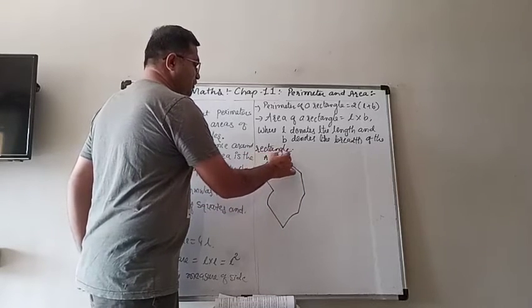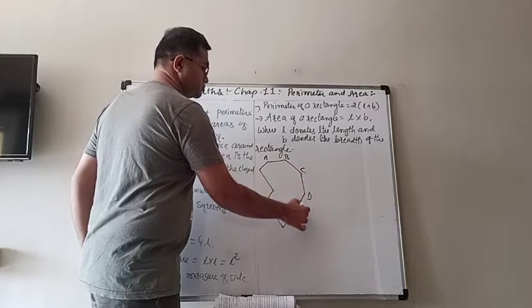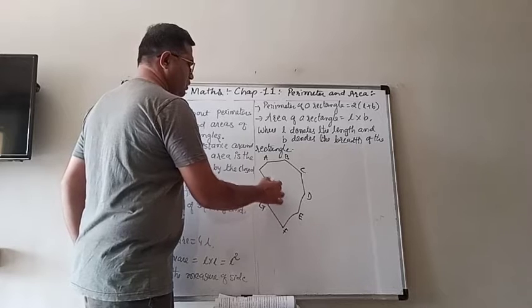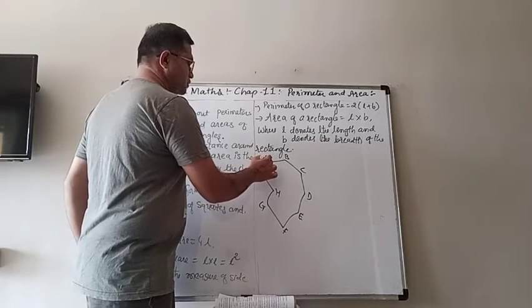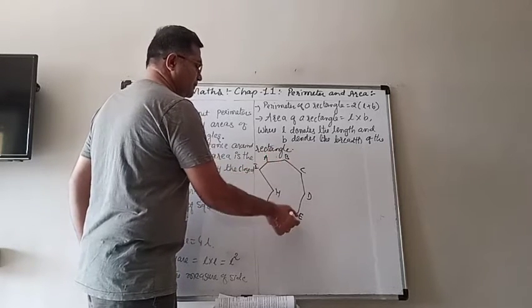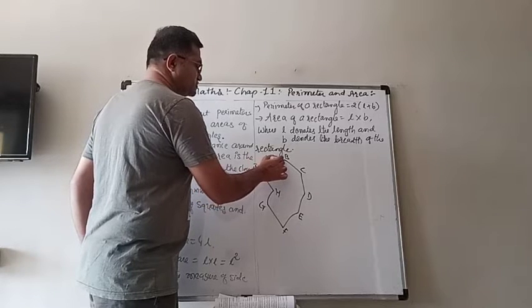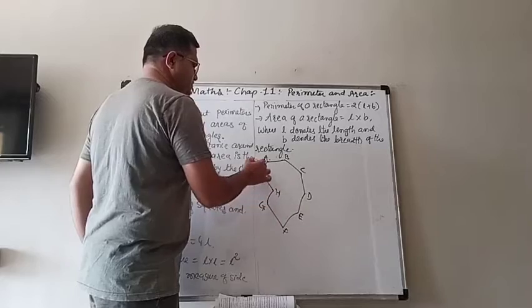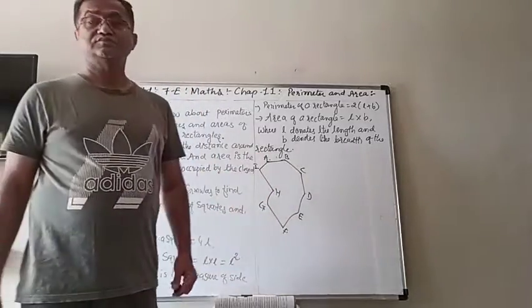If I start from point A and go through the sides, not jumping, but through the sides A to B, B to C, C to D, E, F, G, H, I and back to A.